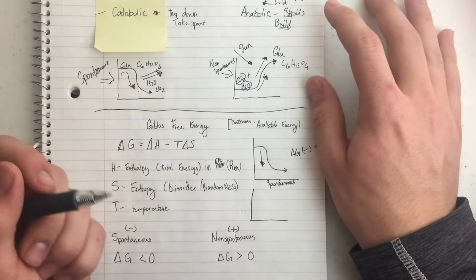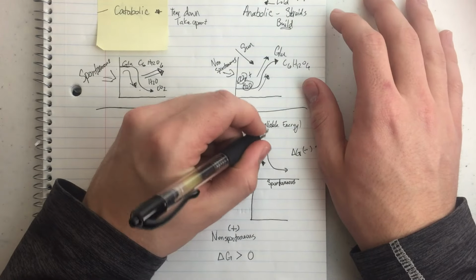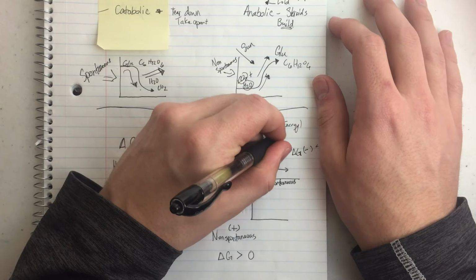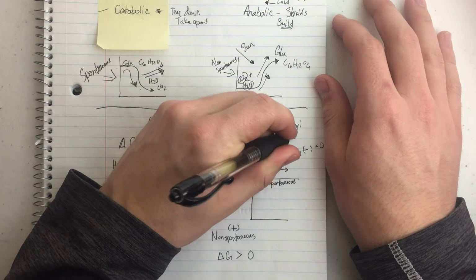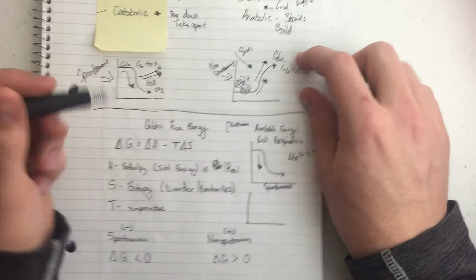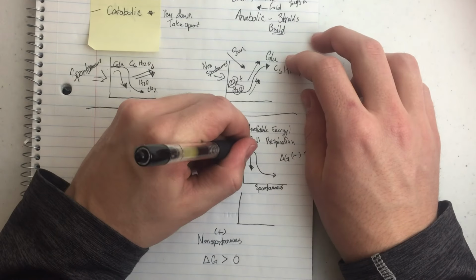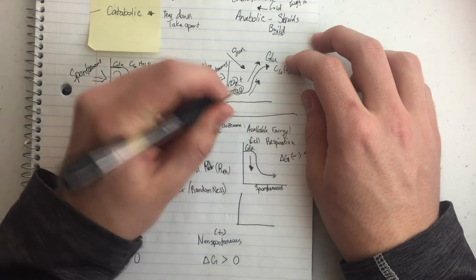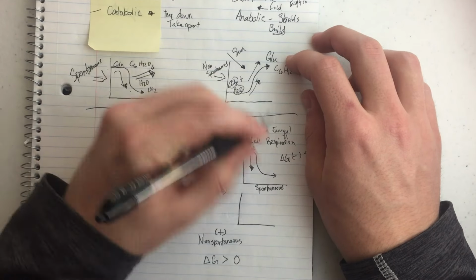In biology, this is going to be our cellular respiration. We have our glucose, and it's turning into water and CO2. I know this is repetitive, but the repetition is good. Bozeman calls it also available energy, so go check that out.